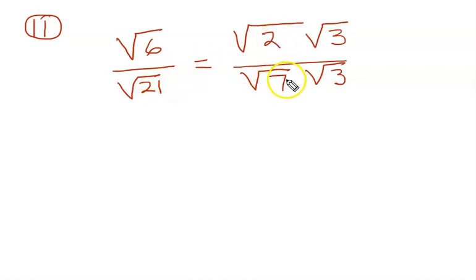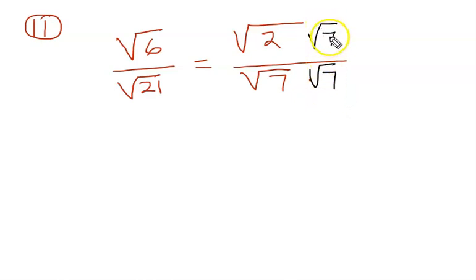Now, what do you see here? Well, there's the square root of 3 divided by the square root of 3. So this is a 1. So through the magic of an eraser, I'm going to take this out of there. And now this is what I have to rationalize. So it's much easier. Now we will take the fraction and multiply it by the square root of 7 over the square root of 7.